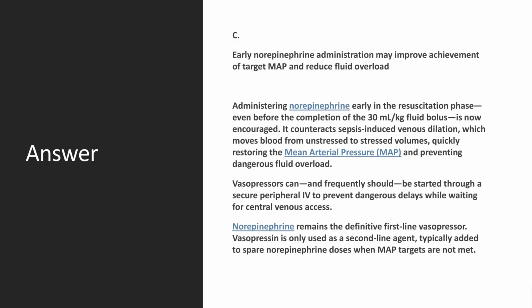Vasopressors can, and frequently should, be started through a secure peripheral intravenous access to prevent dangerous delays while waiting for central venous access. Norepinephrine remains the definitive first-line vasopressor. Vasopressin is only used as a second-line agent, typically added to spare norepinephrine doses when MAP targets are not met.